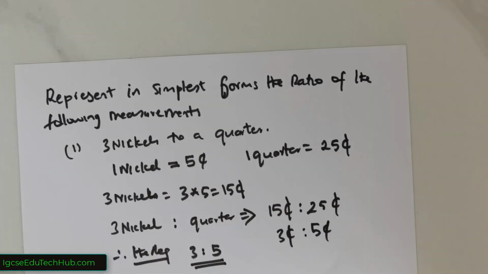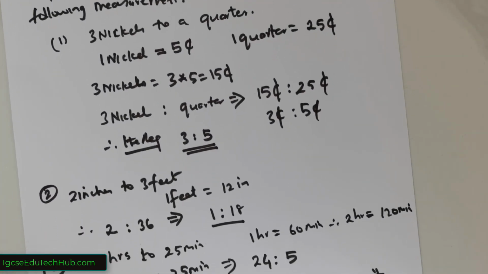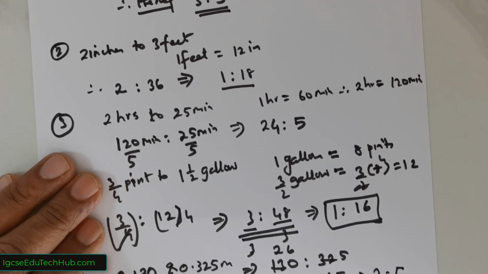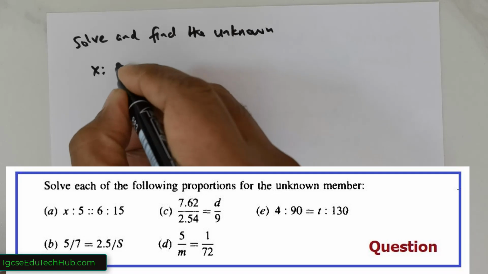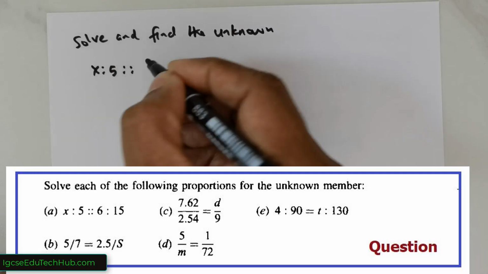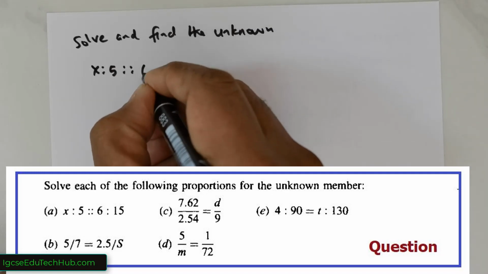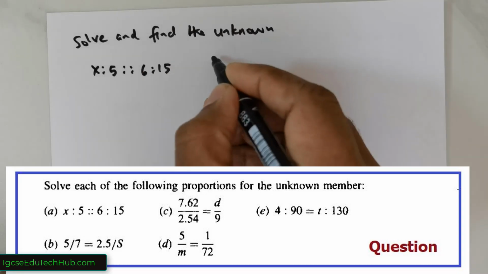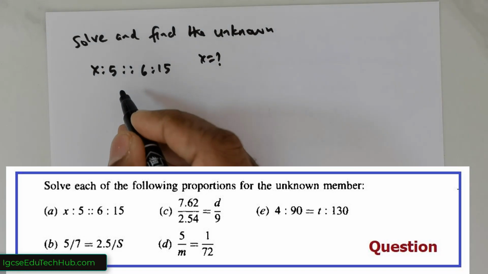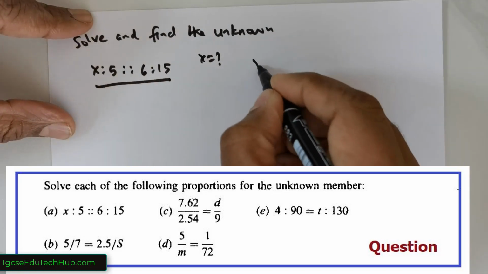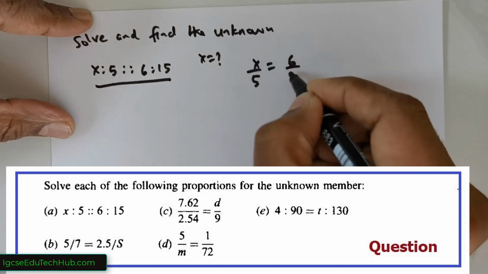I'm going to do more of these questions so that you will get a better feel of this topic, ratio and proportion. So this is the next section: solve and find the unknown. We are given x is to 5 and then 6 is to 15. We are expected to find the unknown, so in this case we need the value of x. I can rewrite this as x over 5 equal to 6 over 15.